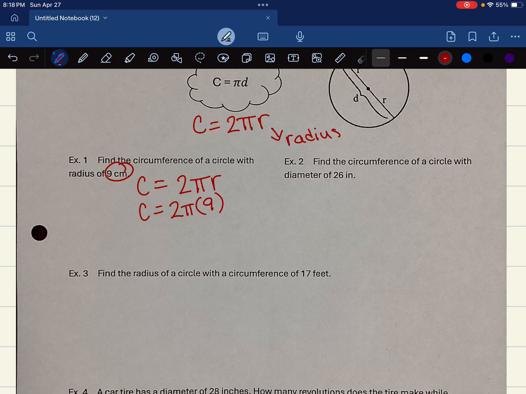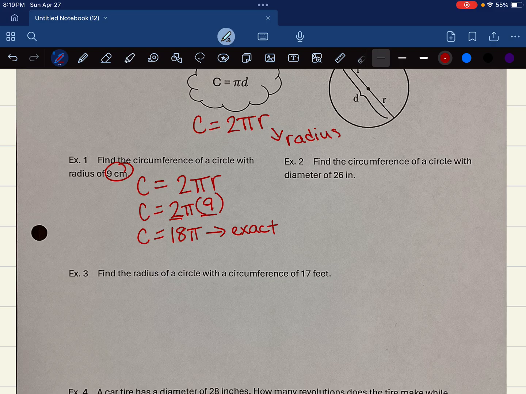Sometimes it'll ask for an exact answer, which is where you leave pi as part of your answer. Other times it will ask you for a rounded decimal. For an exact answer here, you would just multiply the two numbers together, which would give you 18 pi. So this is your exact answer.